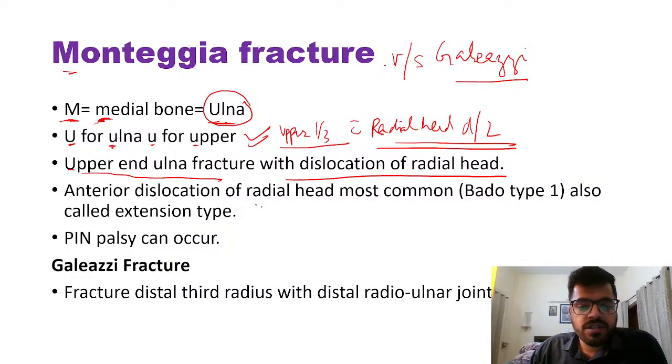Anterior dislocation of the radial head is the most common, that is Bado type 1. Bado classification is used for Monteggia fractures. Bado type 1 is anterior dislocation of radial head. It is the most common, which is also called extension type.